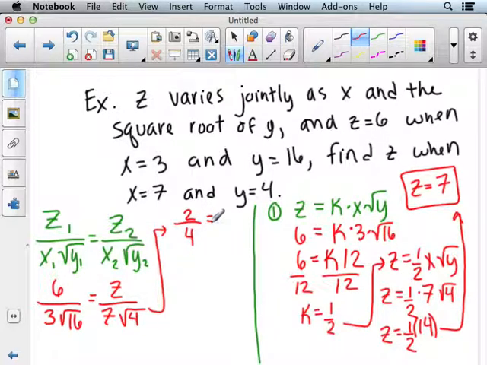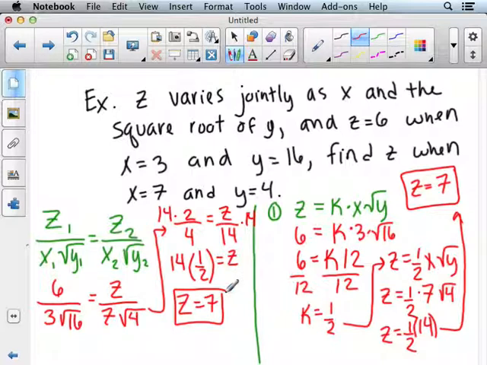So 2 over 4 equals z over 7 times square root of 4 is 14. I'm going to simplify and multiply by 14. So 14 times 1/2 equals z. Multiply by 14 on both sides. And we get that z equals 7. So two ways to get to the same answer. First way on the right, second way on the left using a proportion.